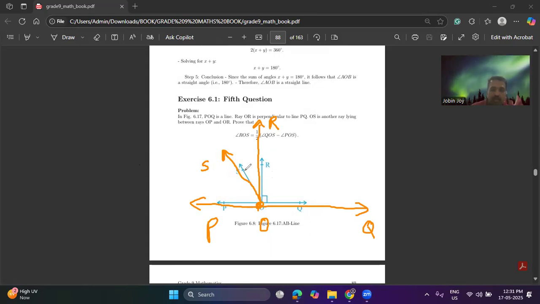Prove that angle ROS is equal to half into QOS minus POS. What is QOS? QOS means this full angle. POS means this angle. So prove that this angle will be equal to 1 by 2 into QOS minus POS. That is our aim.